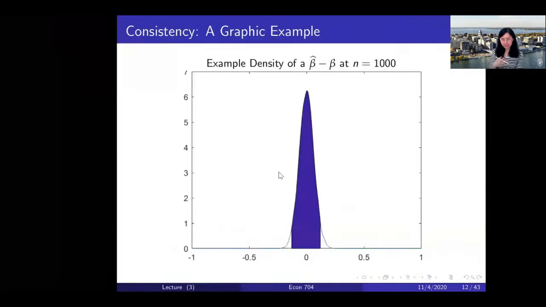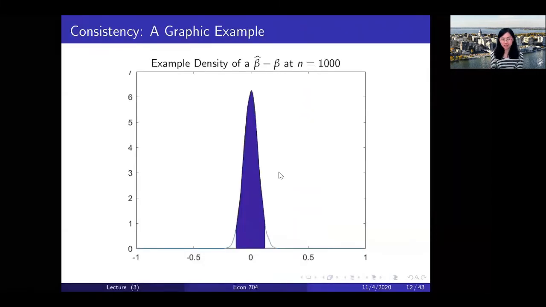Now, if you increase the sample size even bigger to 1,000, then almost all the time, the estimation error is in between minus epsilon and epsilon. Right? The probability that the estimation error is beyond epsilon now is quite small. And if you increase the sample size even more, you can expect this trend to continue. So that's what consistency means.